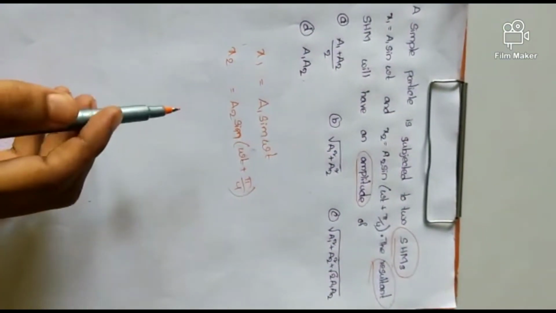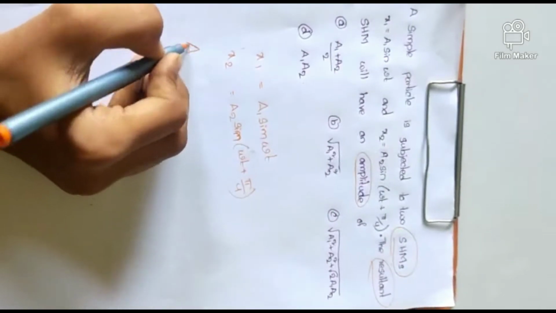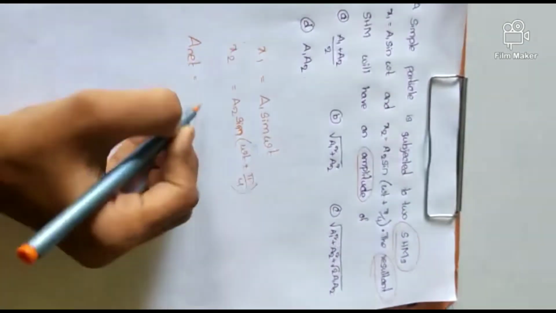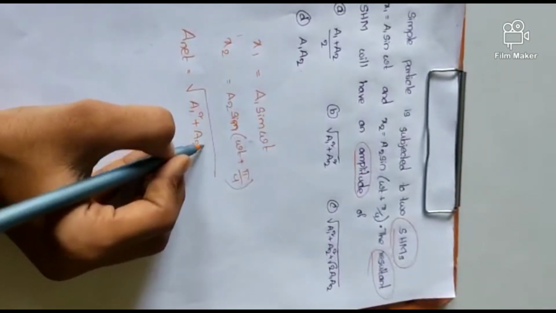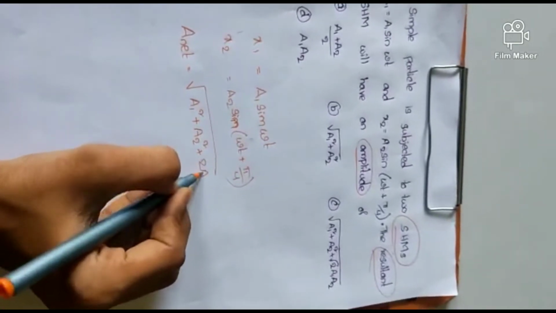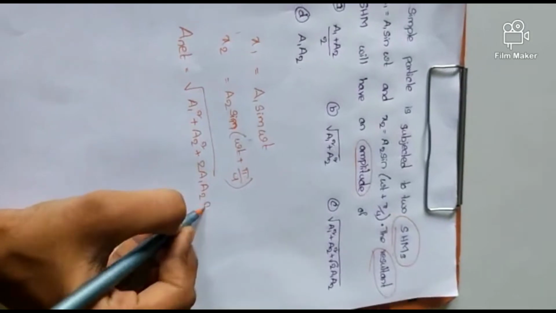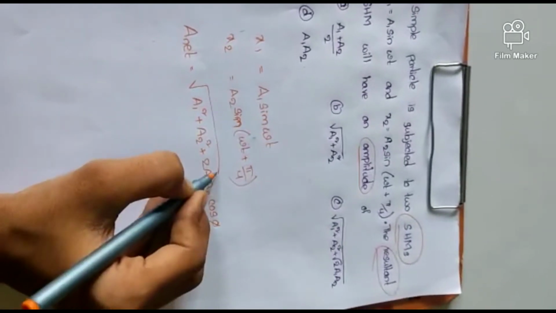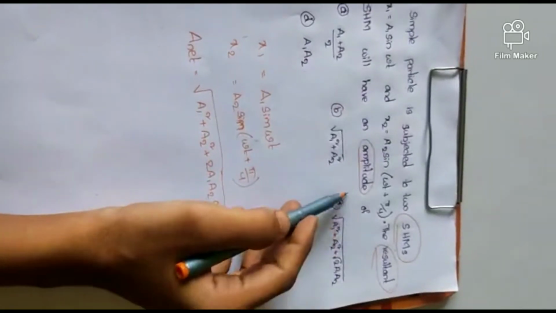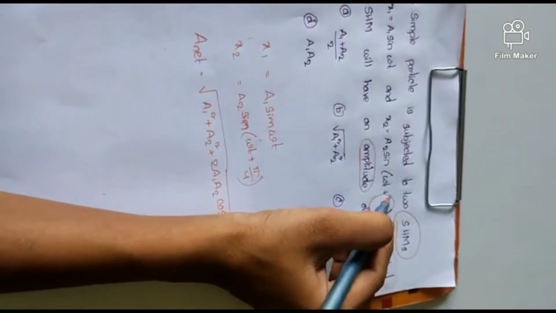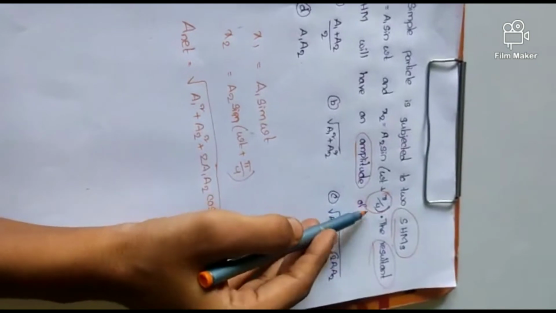The formula for the resultant amplitude is A net equals under root A1 square plus A2 square plus 2 A1 A2 cos phi, where phi indicates the phase angle. In the question, the angle is given as pi by 4.